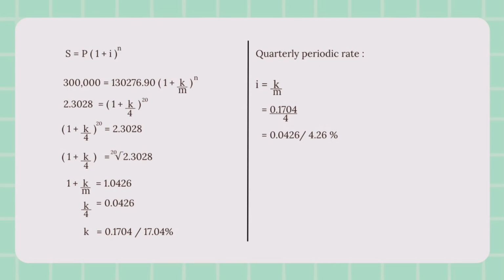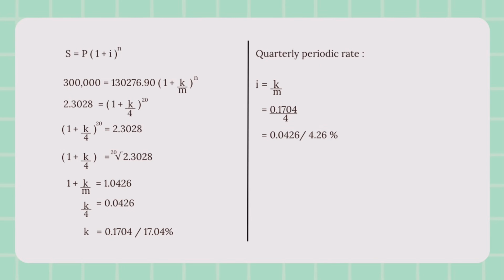After substituting the values and simplifying, we get 2.3028 equals 1 plus k divided by 4 raised to the power of 20. Taking the 20th root gives 1 plus k divided by 4 equals 1.0426. So, k divided by 4 equals 0.0426, which is 4.26% per quarter.